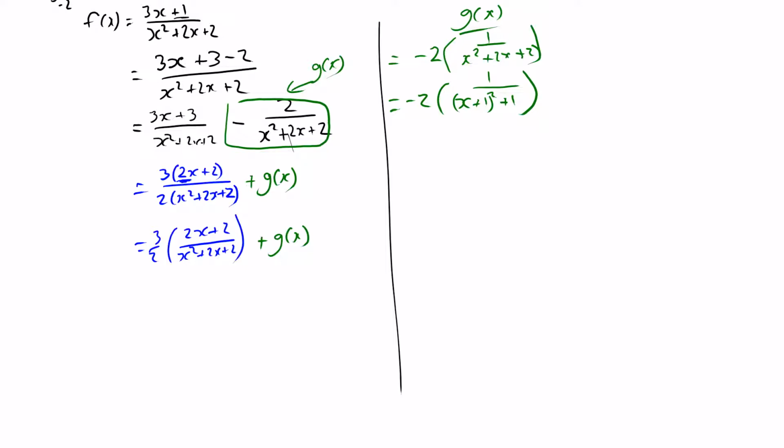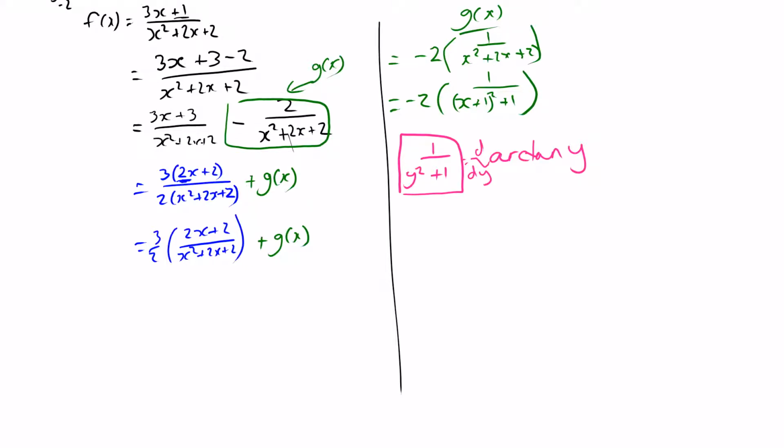And this is taking the form of 1 over y squared plus 1. This is the derivative of arctan of y, that's d over dy, where y is a function of x. So we now have g of x in a form that we can integrate.